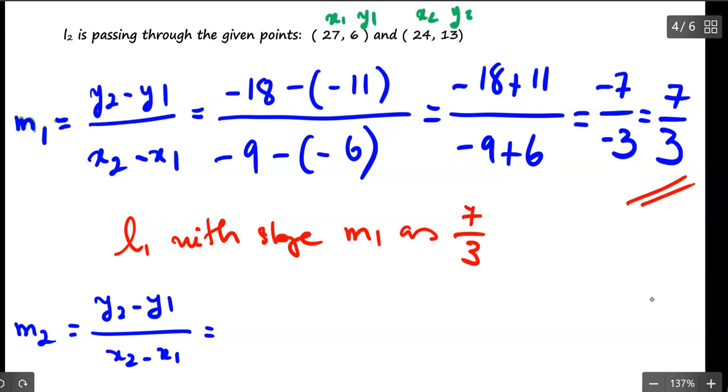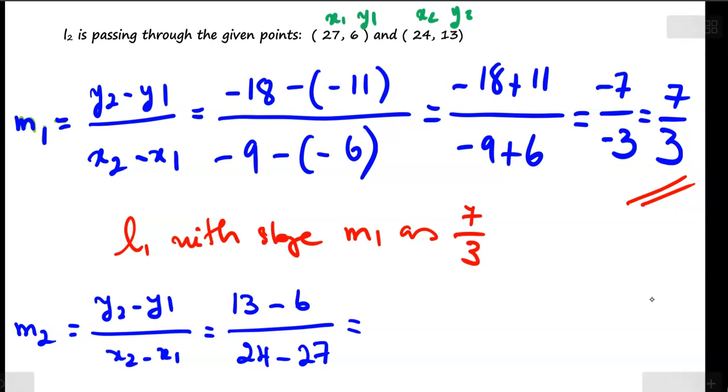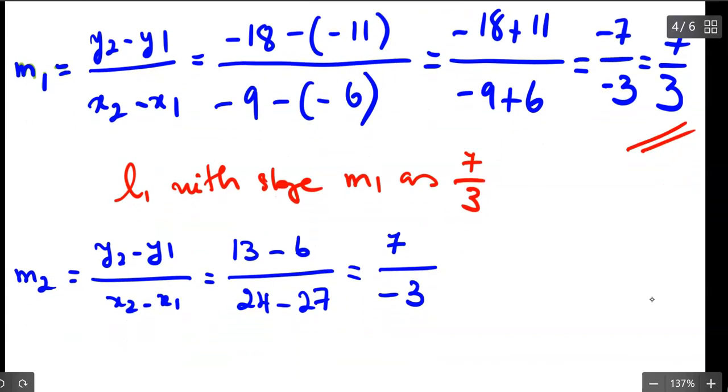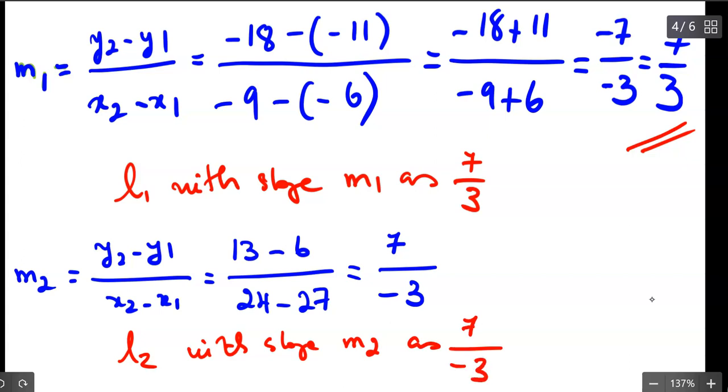In this case, I should have 13 subtract 6 and 24 subtract 27. So what I have here is 7 over negative 3. Therefore L2 has slope m2 as 7 over -3.